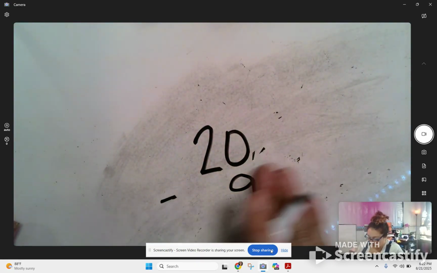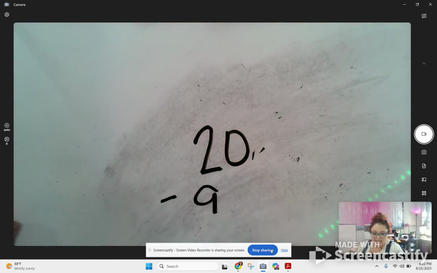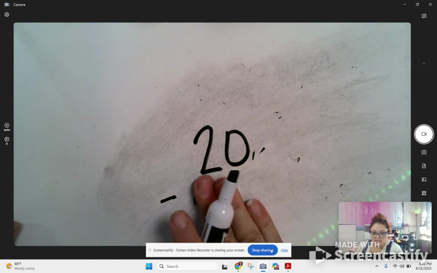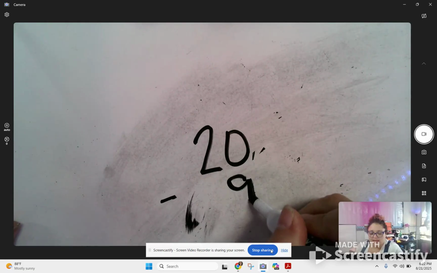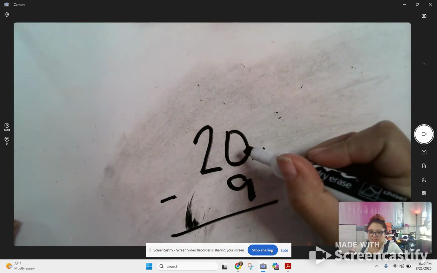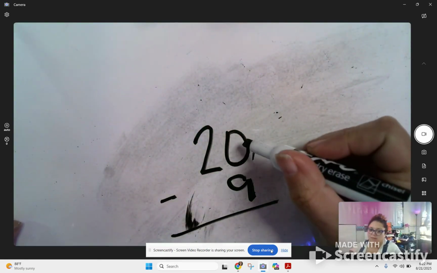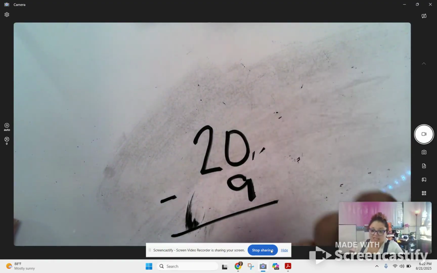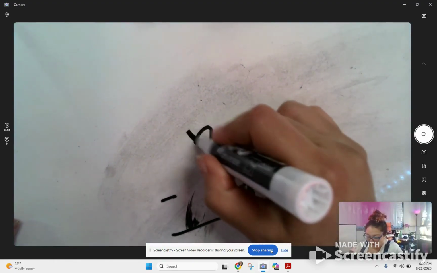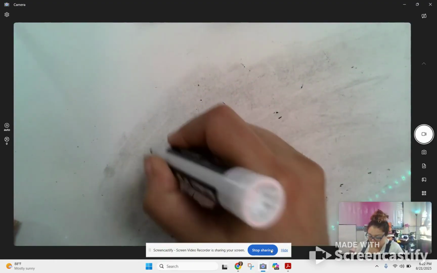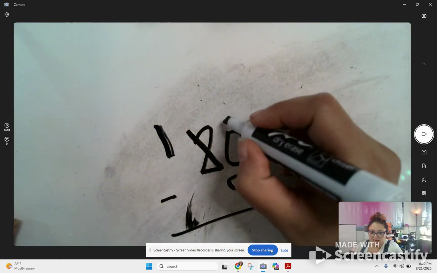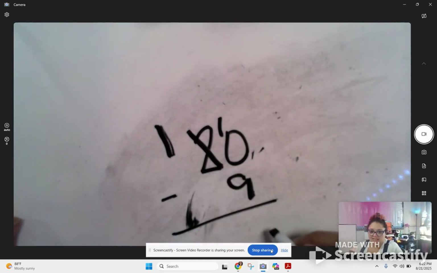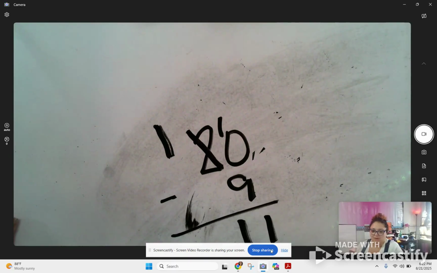So they tend to do it this way, and then of course they're going to get the wrong answer. By lining it up like this, they still should see that you can't take 9 from 0. And it's honestly the same exact thing. We just took it out of the 10s here, and we left our 10 here, and then we put the extra 10 here. That leaves us with 1 and 1 left, right? So it does the same exact thing. They're just all different ways of doing it.